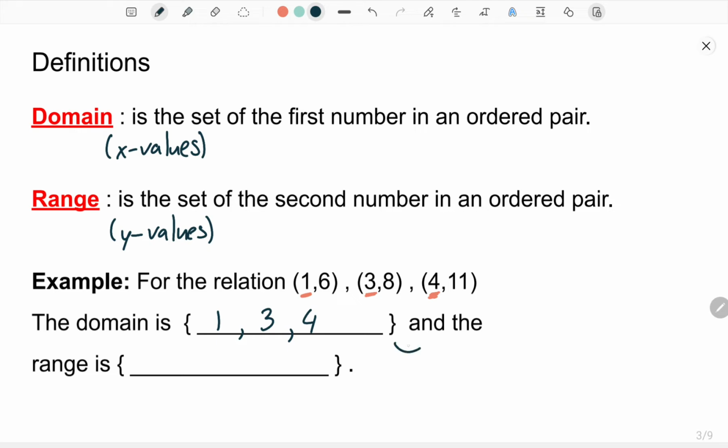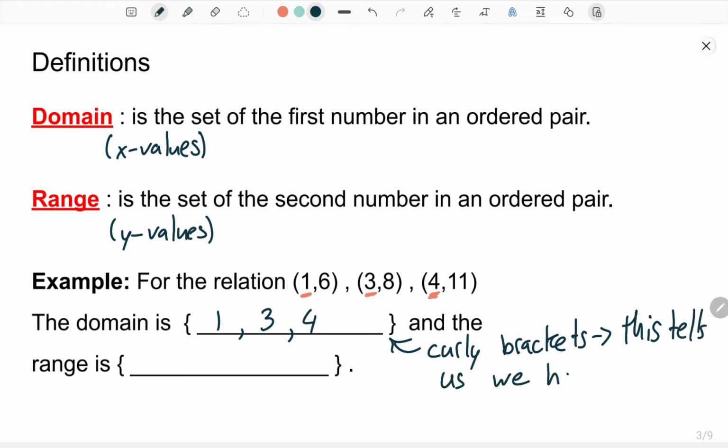So the curly brackets, they tell us where we have a set. So this tells us we have a set. And the set contains the numbers 1, 3, 4.